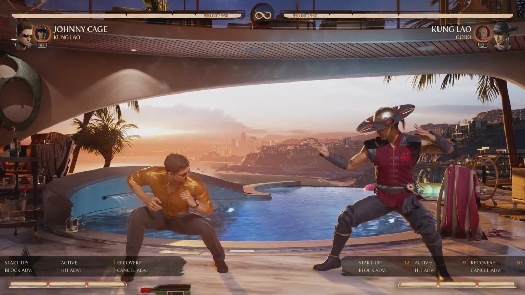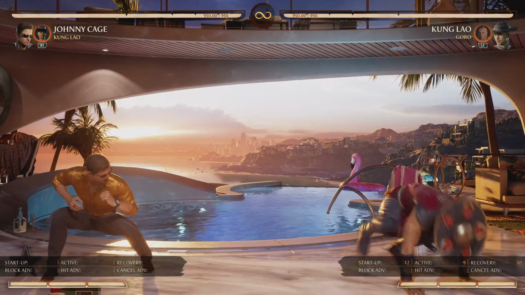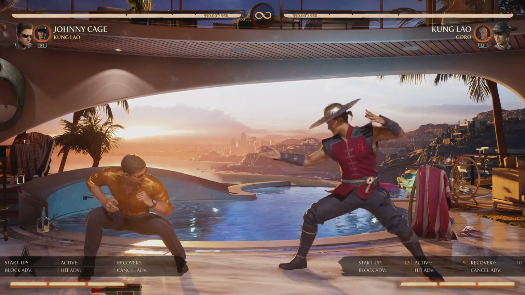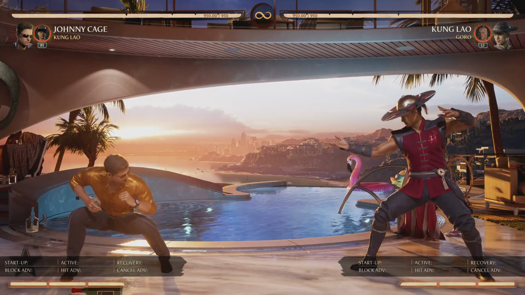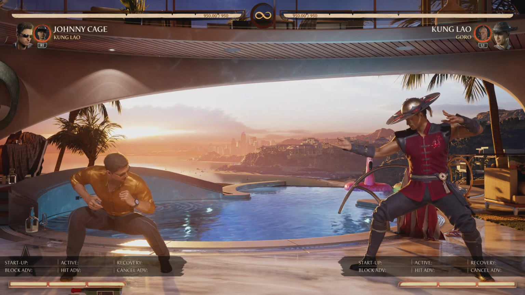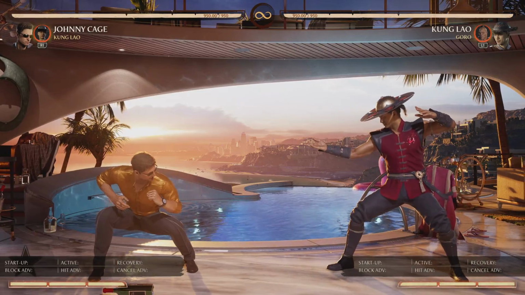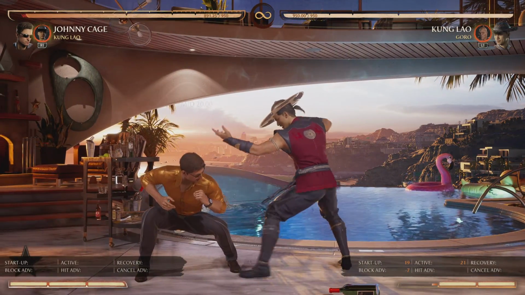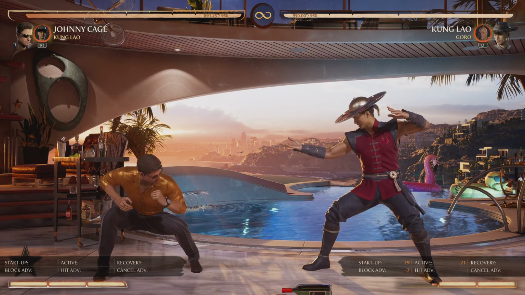That's why Kung Lao, when talked about, he's not really mentioned in the higher end of the tier list, but to have a tool that powerful in a game that's centered around a bunch of endless pressure with cameos and characters like Johnny Cage, being able to just get out for no risk with safe armor that's -7 on block is super powerful.